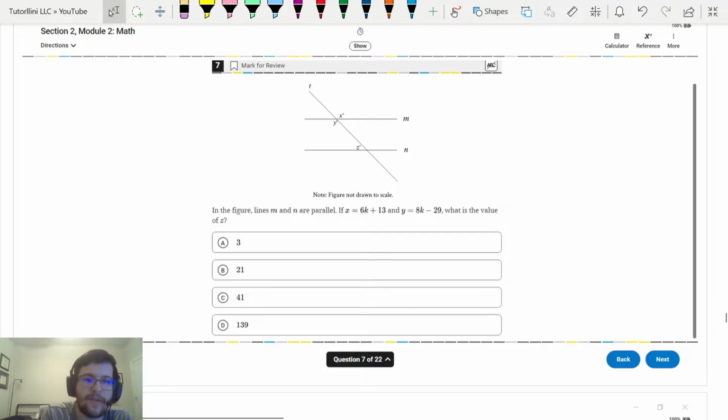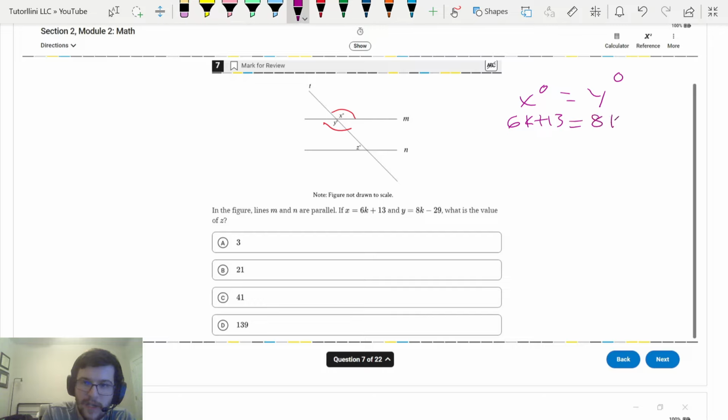So for this one, you have to recognize that x and y are vertical angles, so they're equal. So x equals y. So 6k plus 13 equals 8k minus 29. And now I'm going to subtract 6k from both sides, and I'm going to get 2k, and then I'm going to add 29 to both sides, and I get 42.